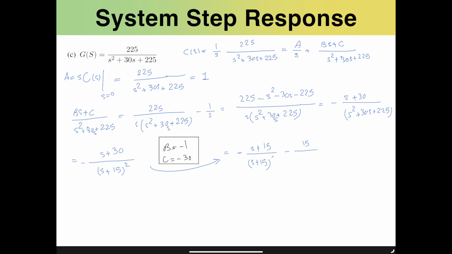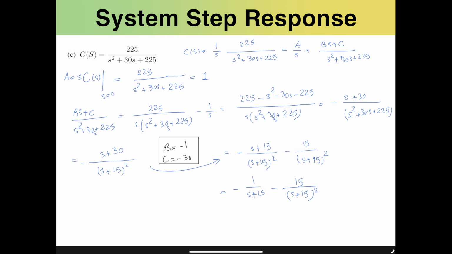The denominator is going to be (s + 15) squared, and as you can see here, this can cancel one of these roots in the denominator. So I will be left with minus 1 over (s + 15). The right side is, however, going to stay with the complete squared form.